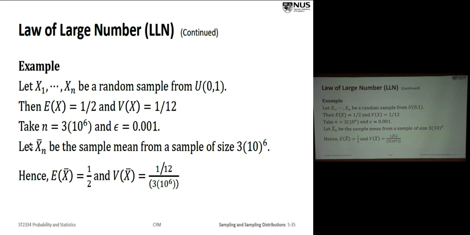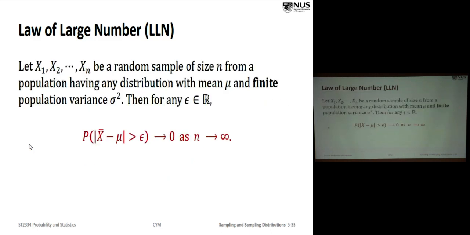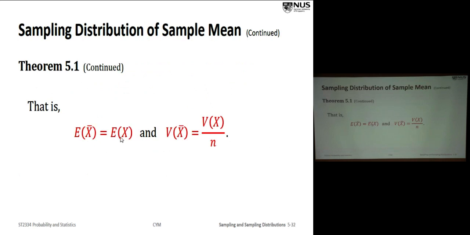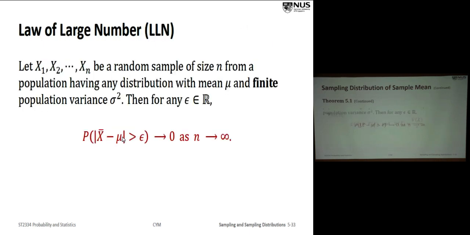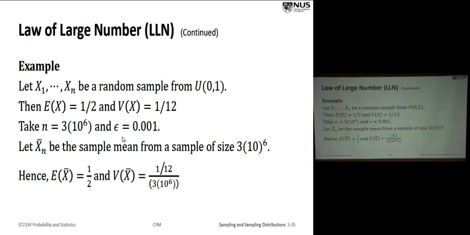We know already that the expected value of x bar, our result says exactly what it is. The expected value of x bar is equal to the true value of the population mean. So the expected value of x bar is 1 over 2, and the variance, remember, is the variance over the sample size, sigma squared over n.